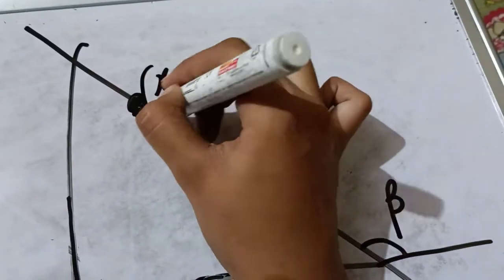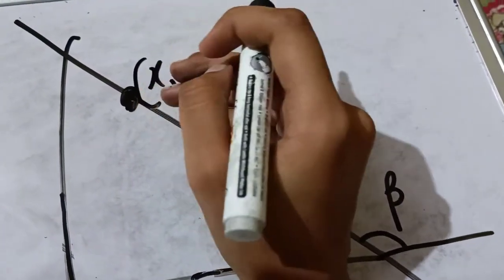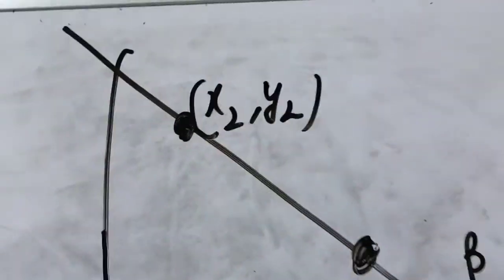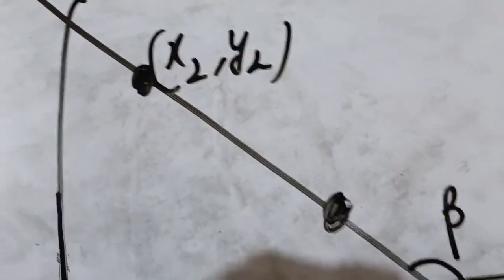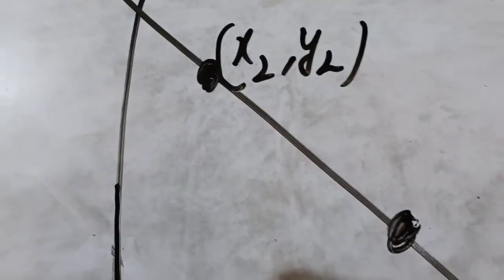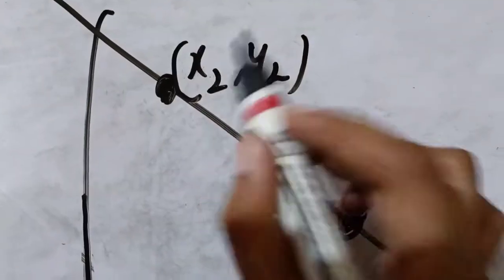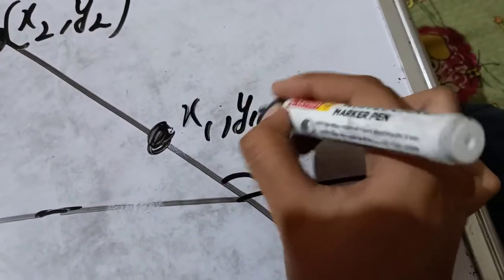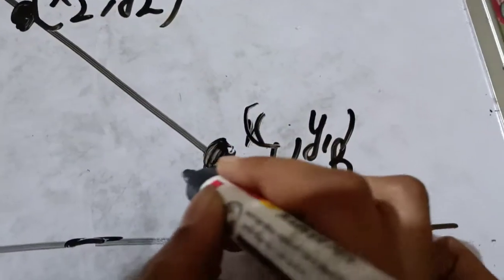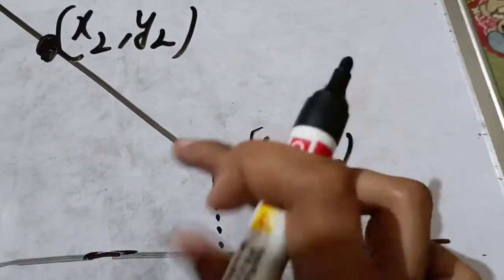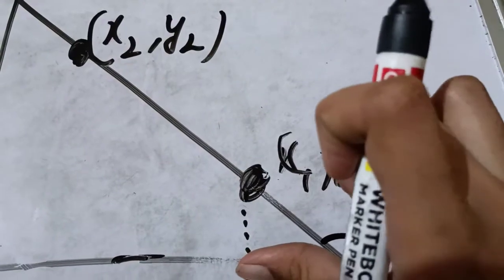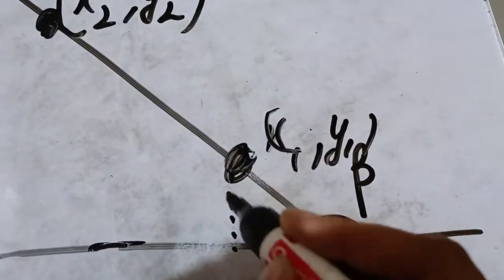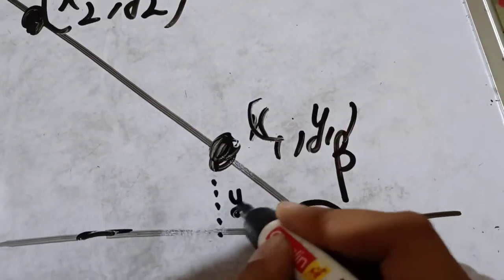It is not compulsory that the higher point must be x2, not x1. You can do anything, but according to books it is x2, and then the other will be x1, y1. This distance from our x-axis upward is our y1.